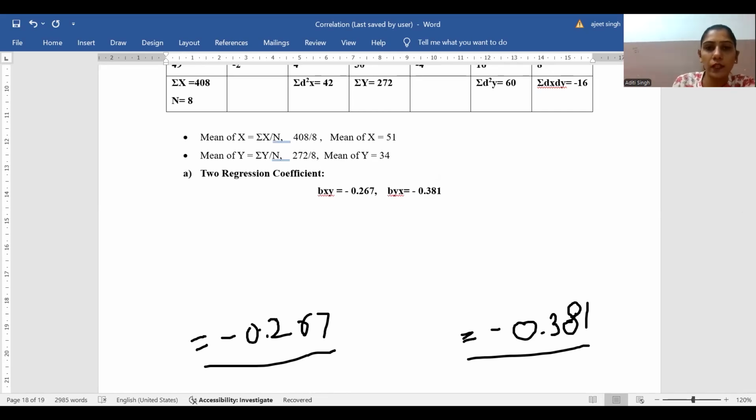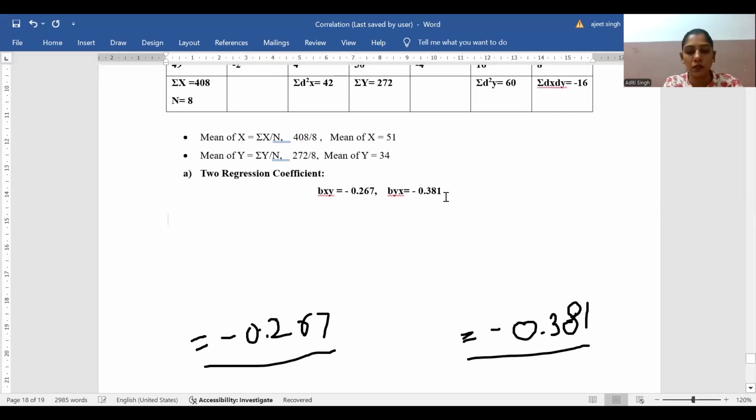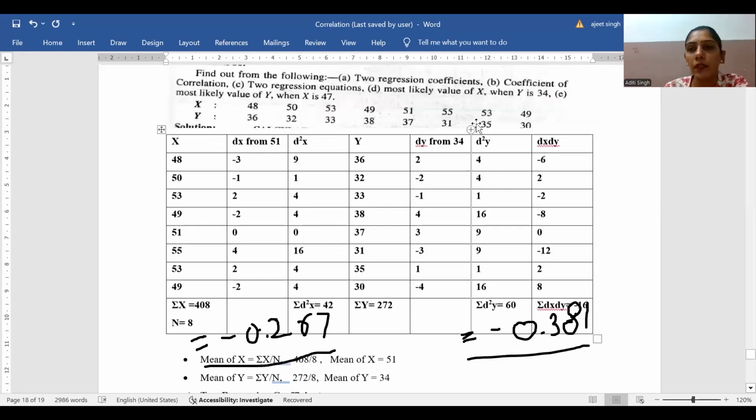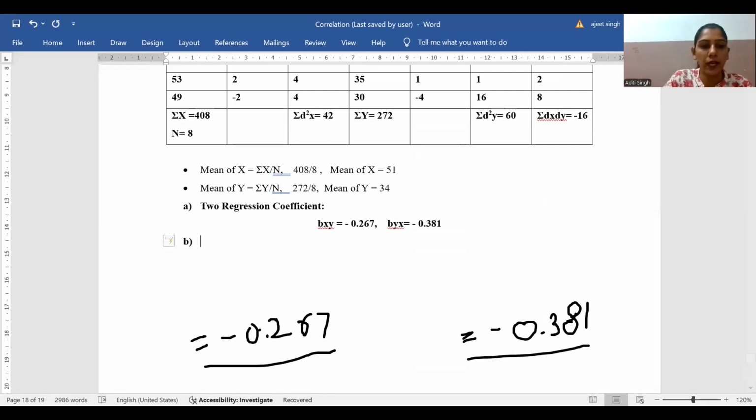Now let's calculate part B of this question. In part B we have to find out the coefficient of correlation, which is R. Okay, let me write it here. Coefficient of correlation.